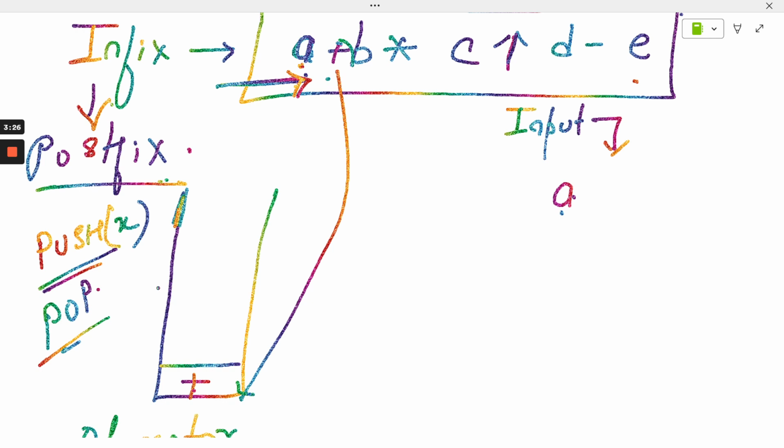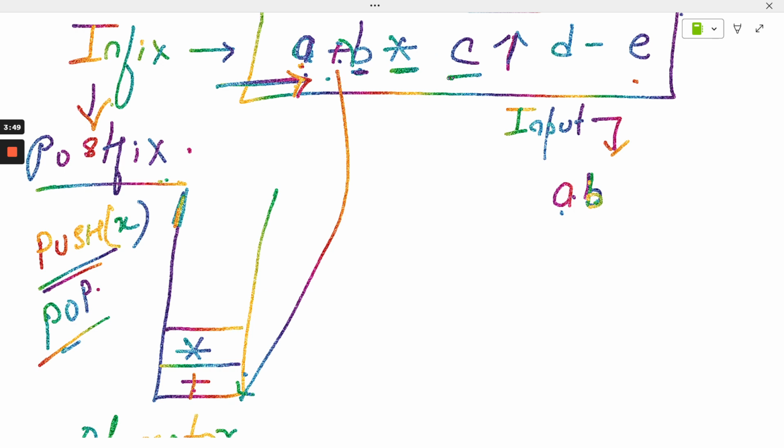Push operation is as we have seen before. Then we encounter b, which is an operand, so we put it into the output part. Then we encounter star, so we push that star into the stack.